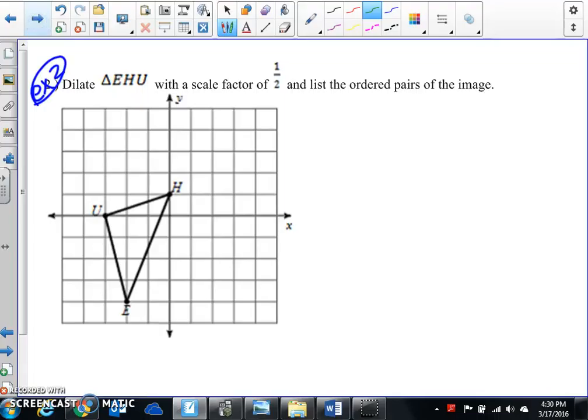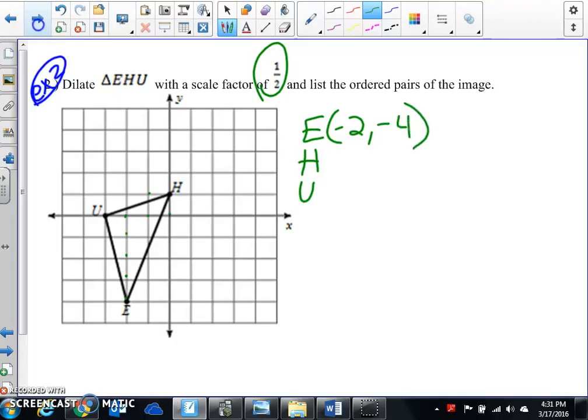All right, we're going to dilate this triangle with a scale factor of 1/2. Now remember, it's a scale factor of a fraction, so this triangle will be smaller. So first we need to take each coordinate. So let's just do E, H, U. So currently E is at -2, and then down 1, 2, 3, 4, -4.